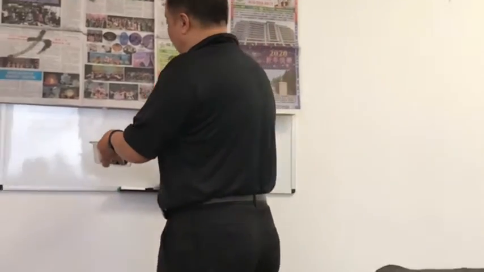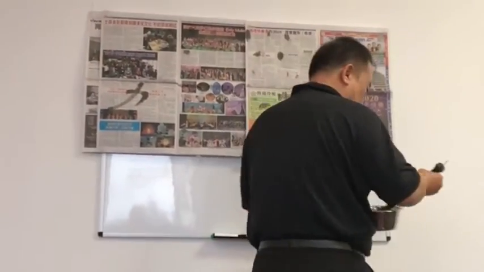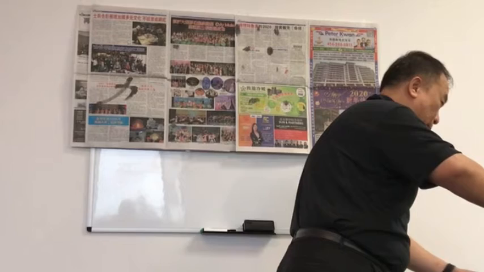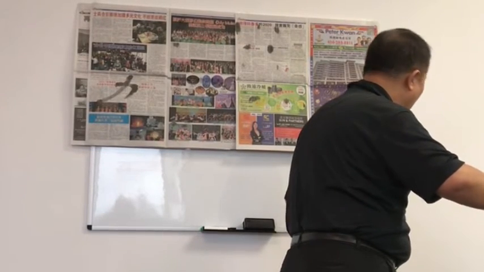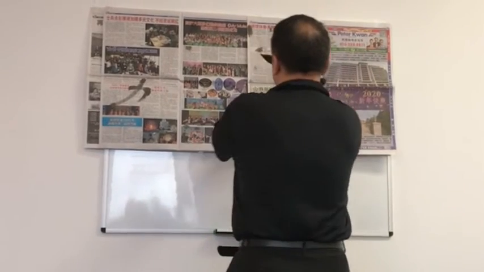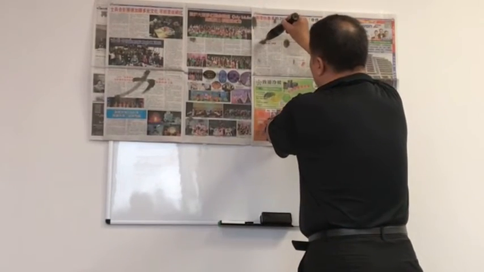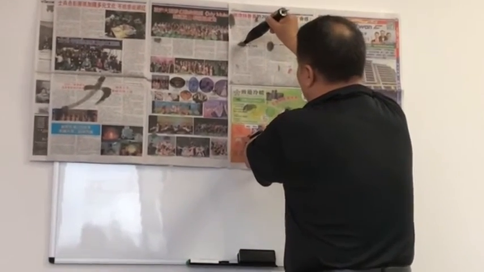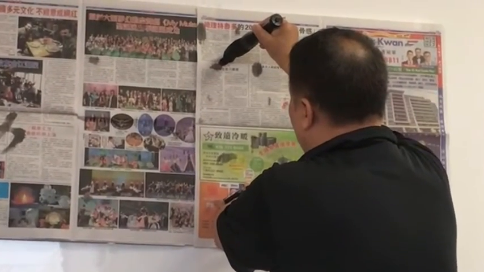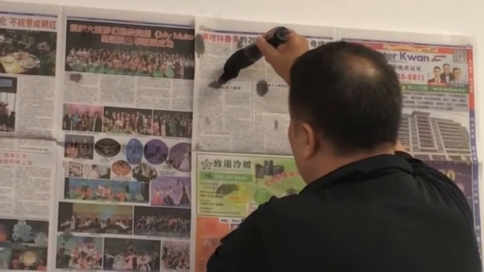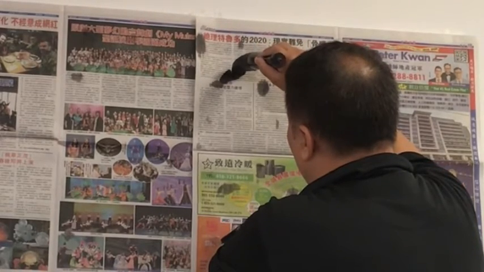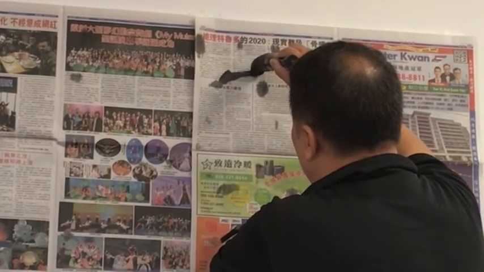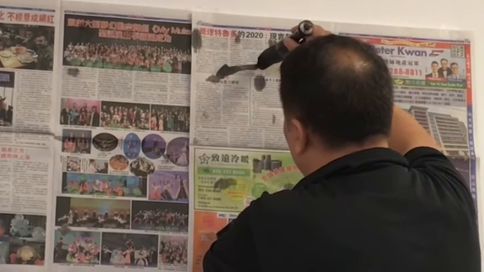Now, let's do the 10. We did that already in last class, but I repeat again. I want everyone to do it. I hope everyone can do it at home. The horizontal stroke. Stop, come down, and press upward, and then move your brush from left to right, a little bit of a curve.